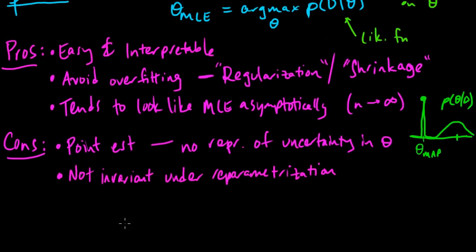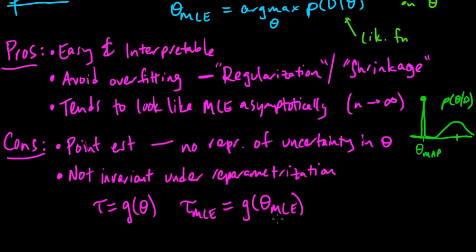The MLE has a nice property that if tau is some function of theta, a reparameterized, transformed version of theta, then the MLE for tau is just the function of the MLE for theta. This is a nice thing that MLEs satisfy, but it's not true for MAPs. So this is a disadvantage of MAPs over MLEs.